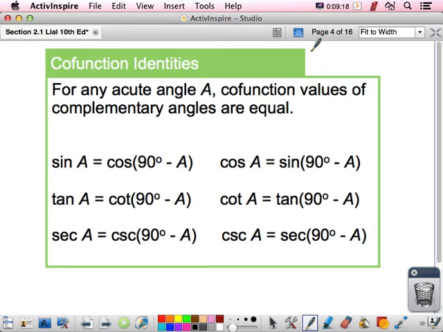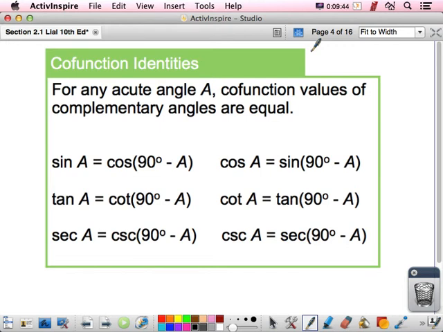It's not unique, it can happen with more than one angle, but it is very specific. When sine can equal cosine, tangent can equal cotangent, or secant can equal cosecant, that is only true when one of the angles is A and the other is 90 minus A. In other words, cofunctions are equal only when their angles are complementary.